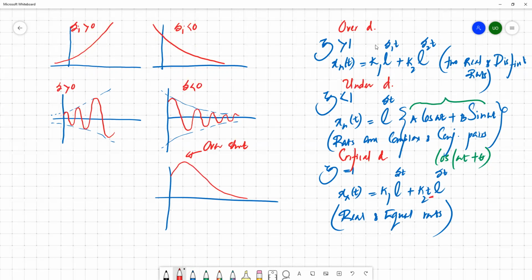This overshoot is basically due to this linear function being multiplied with the exponential. For example, you have an exponential function here. Let's assume this is the exponential function, and with this t, the linear trend is like this. We know that exponential functions decay very fast.